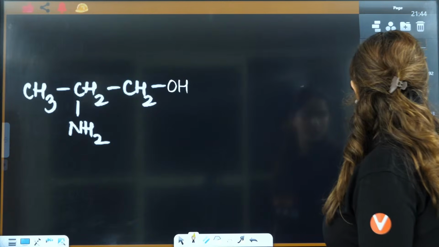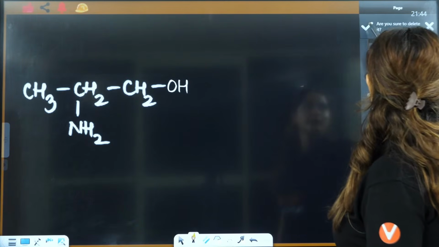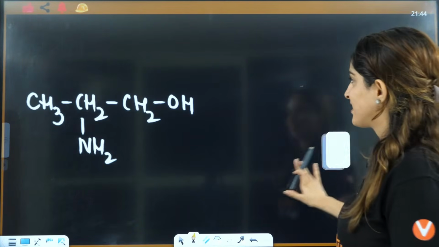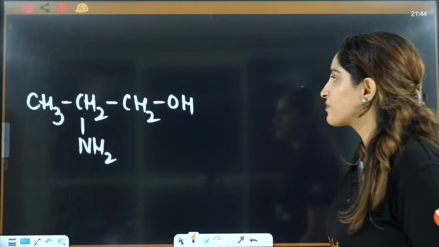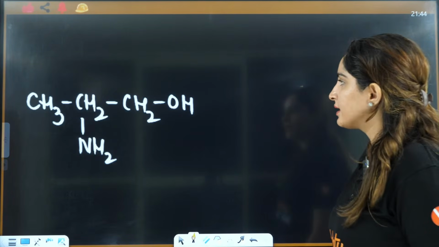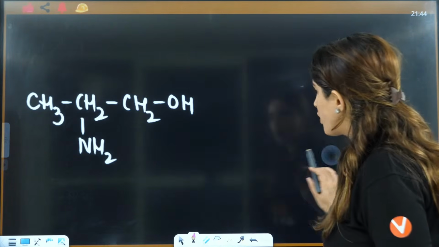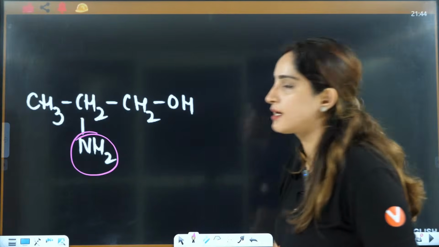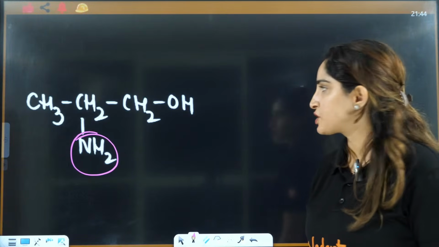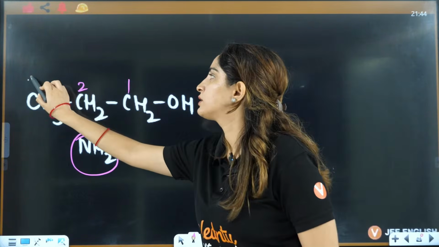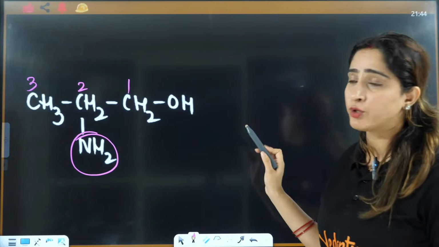In fact, that is on the next page only. You have this. So which one will have the more priority here? OH will have more priority. This will act as a substituent. So it will be 1, 2, 3. Numbering will be according to the main group. Right?